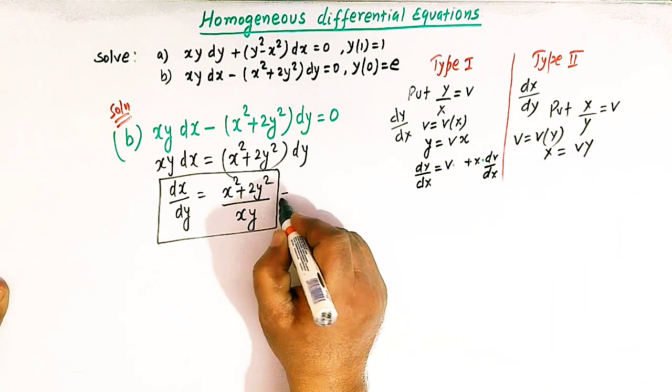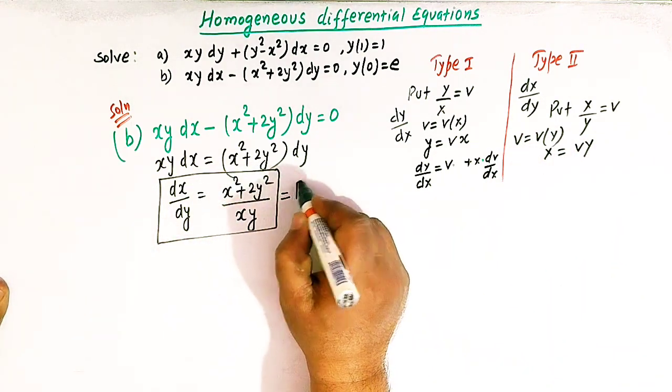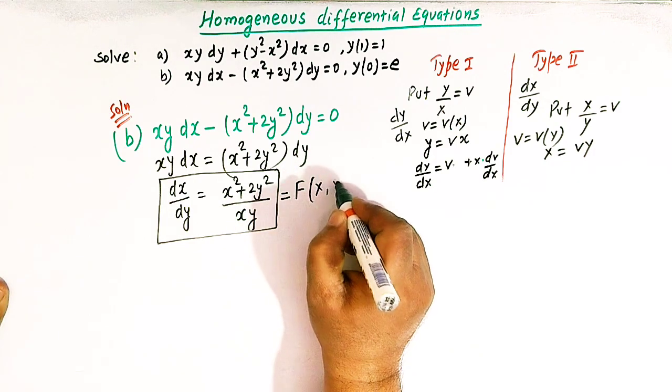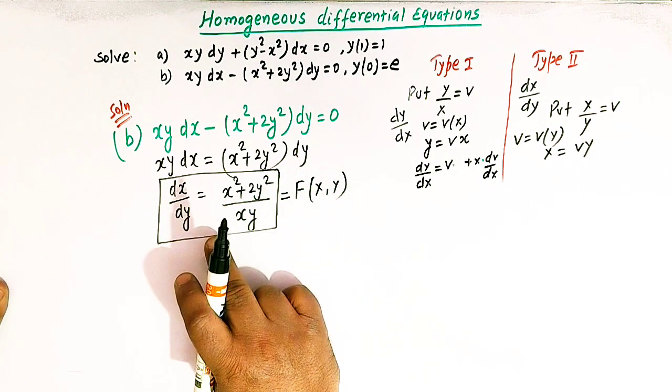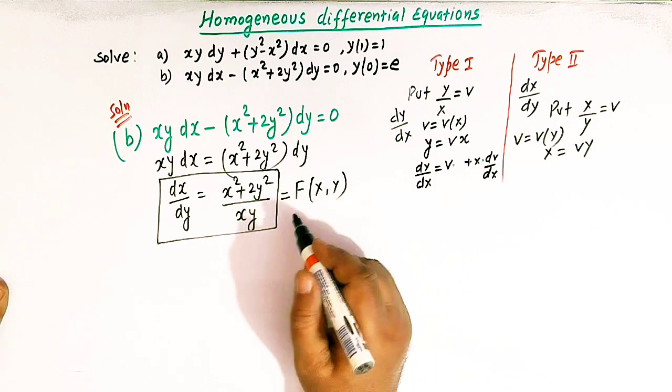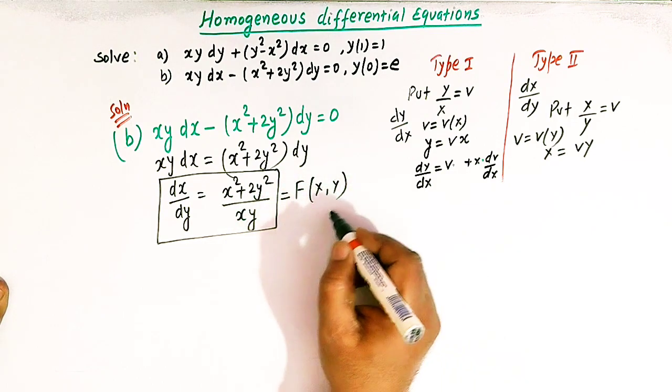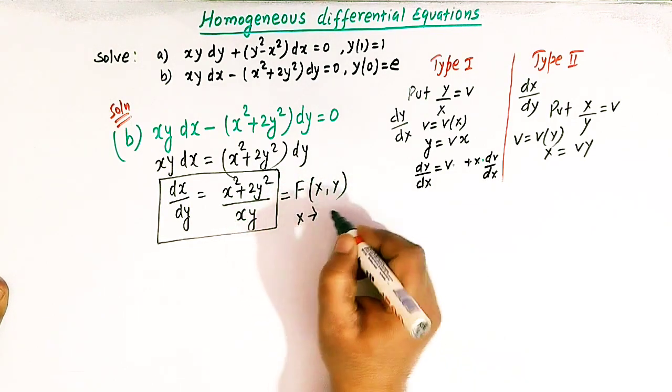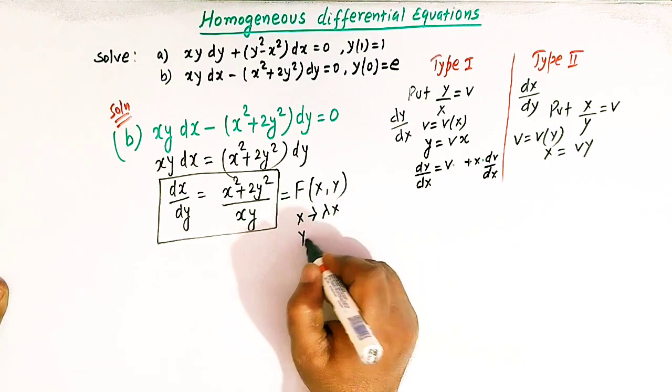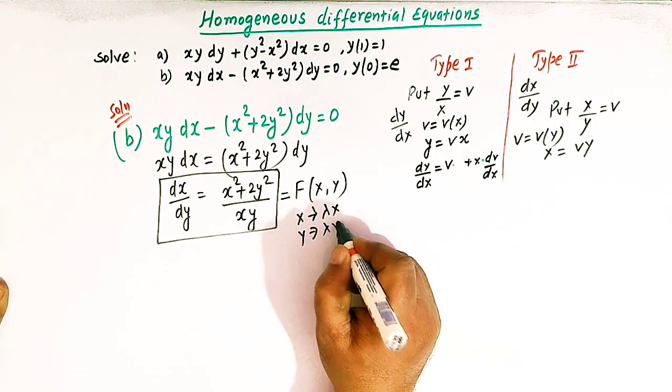So here let us take this function as f of x comma y, and let us see whether this function is homogeneous or not. So what we will do, we will replace x by lambda x and y by lambda y.